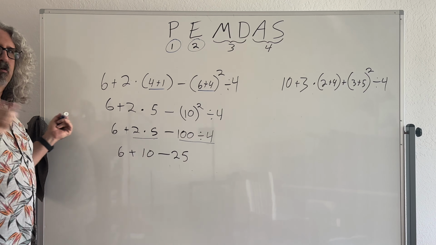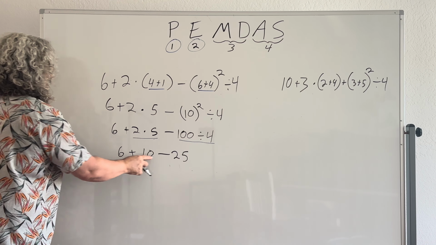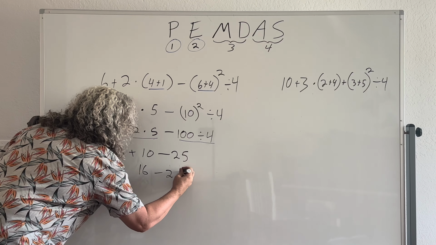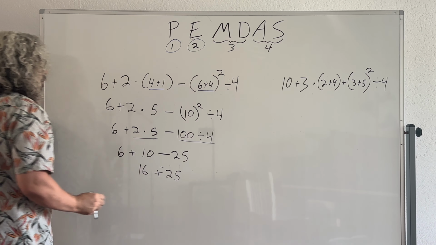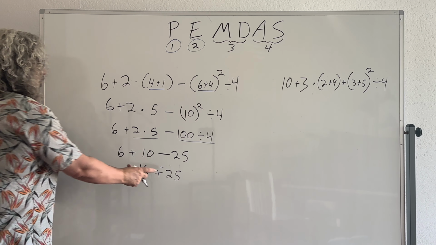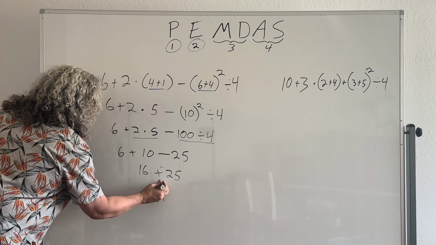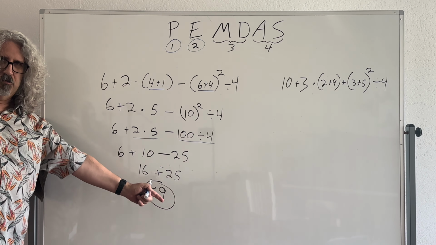Think about it, 4 quarters and $1 for people who still use cash. All right, 6 plus 10, we're just going to go left to right, is 16 minus 25. If you did my integer thing, you learned that we go add a line, change a sign. What is 25? The signs are different, so we subtract. Keep the sign of the bigger number, which is negative, and I get negative 9 as an answer, and that's how we would do this problem.